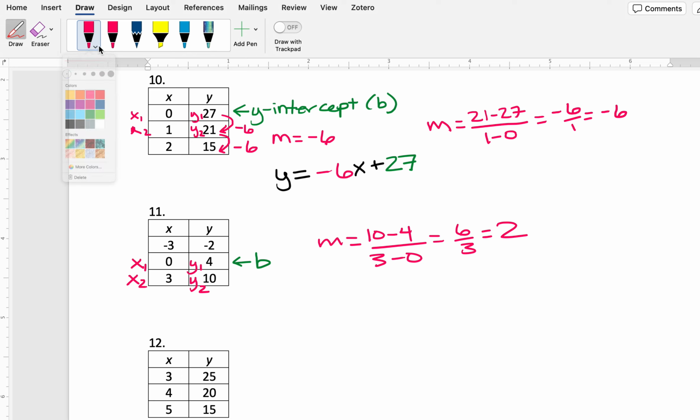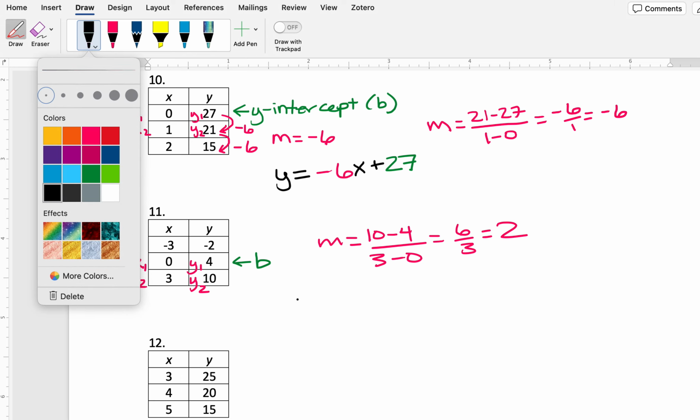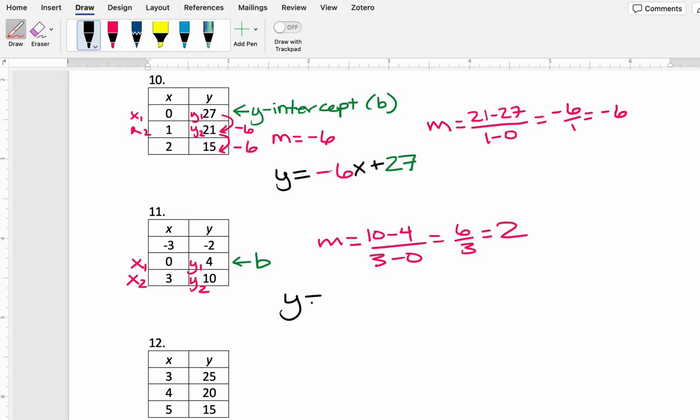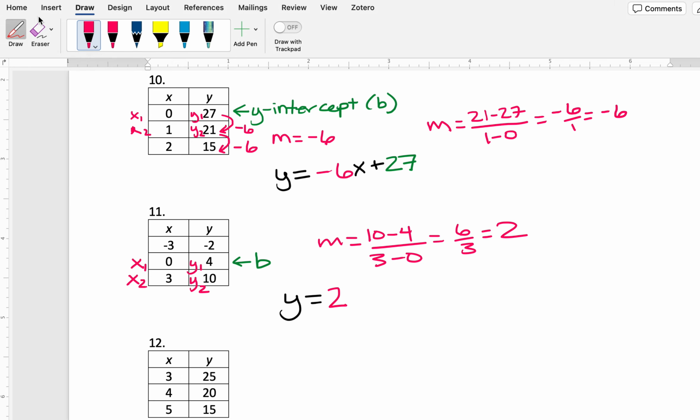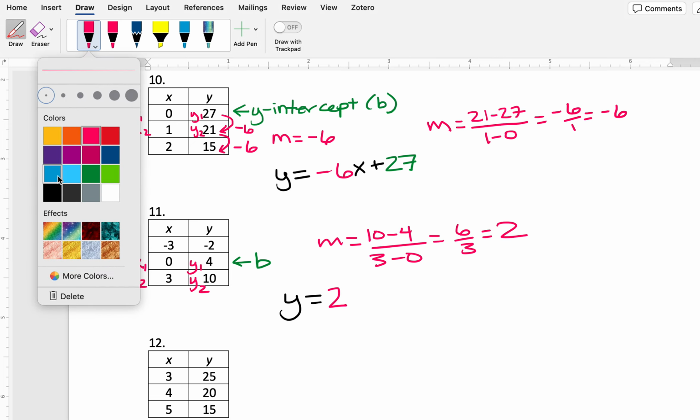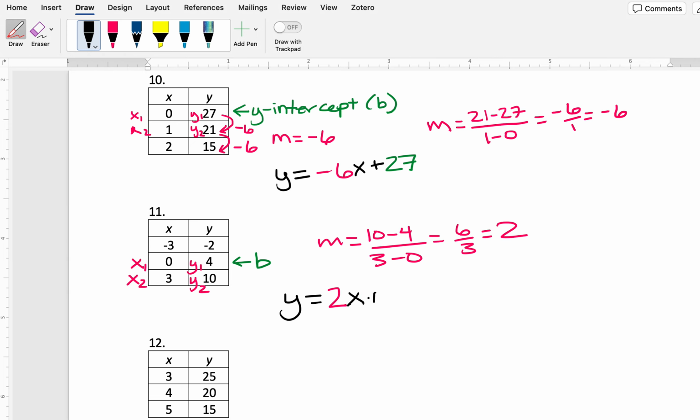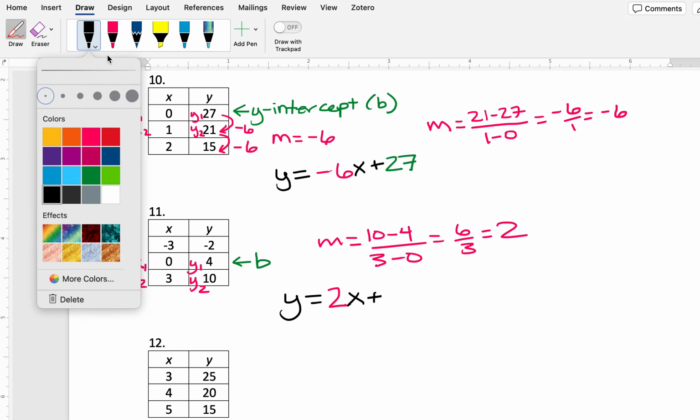So my formula is going to be y equals 2 for my slope, and then x plus 4 for my y-intercept.